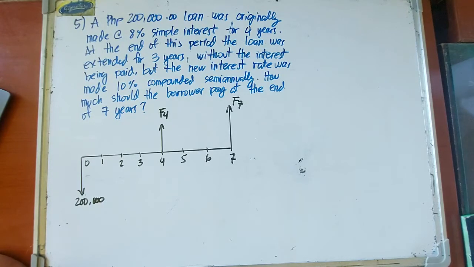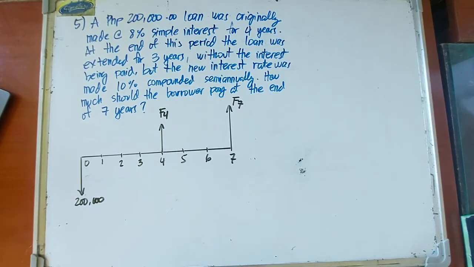How much should the borrower pay at the end of 7 years? Since we have a somewhat complicated cash flow, I think it would be better if we draw the cash flow diagram and analyze the situation.